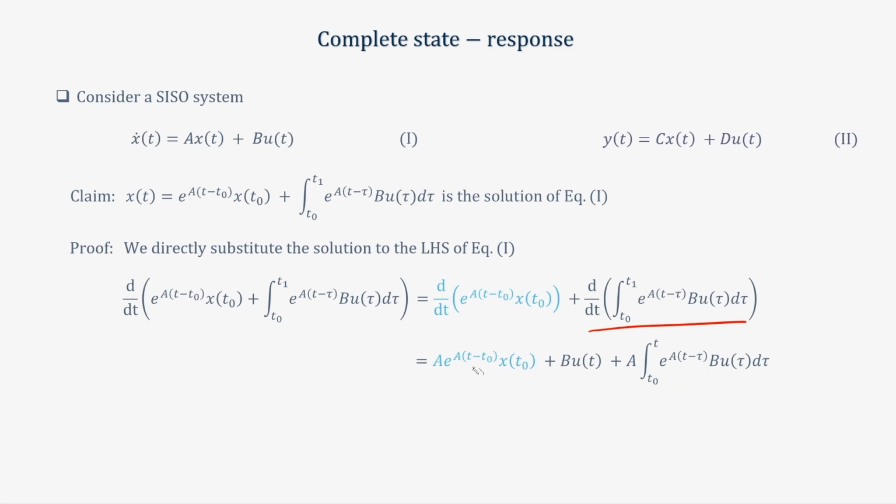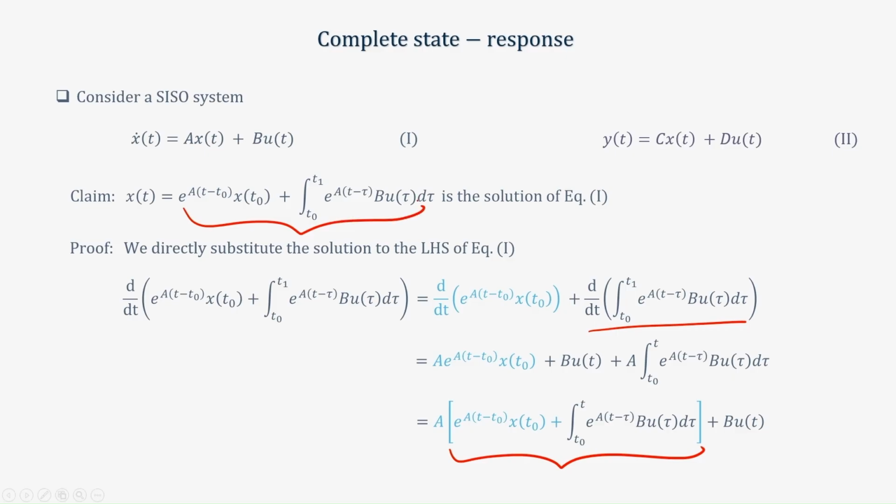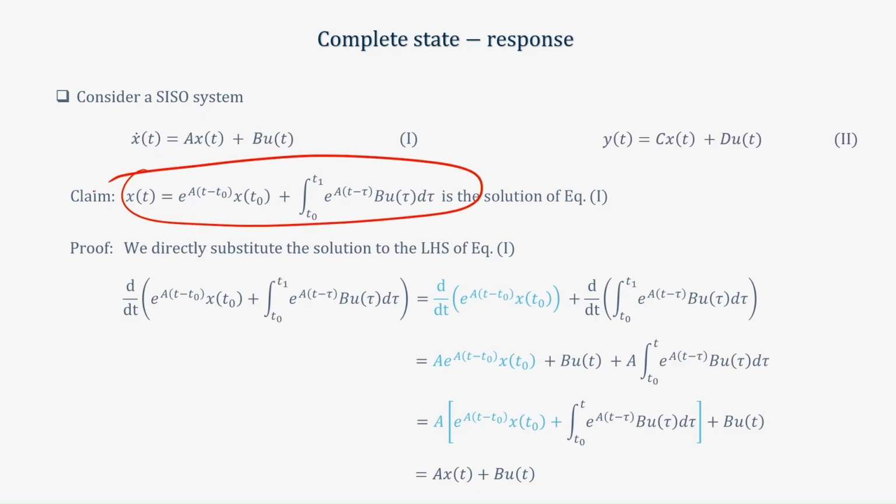So, you can take this and this together, take A as common, and rewrite it. But notice that this is nothing but this expression, so I can replace it with x. So, you can see that I have proved that x dot equal to Ax plus Bu, which means that this is indeed a solution of this state equation.